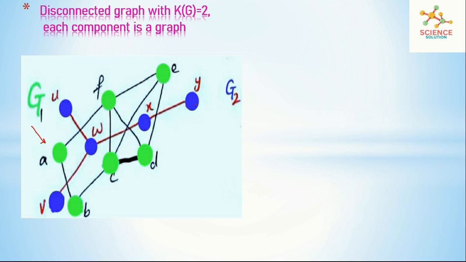Now we discuss the distance and diameter between any two vertices in this diagram.